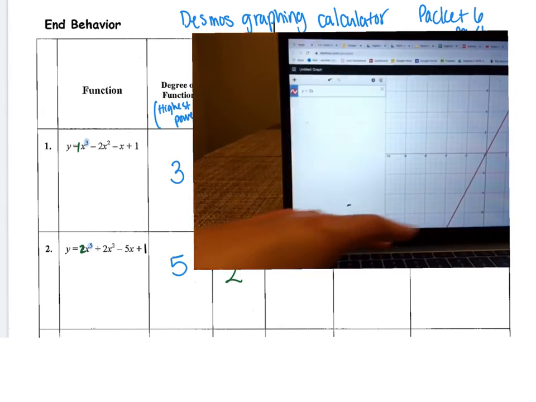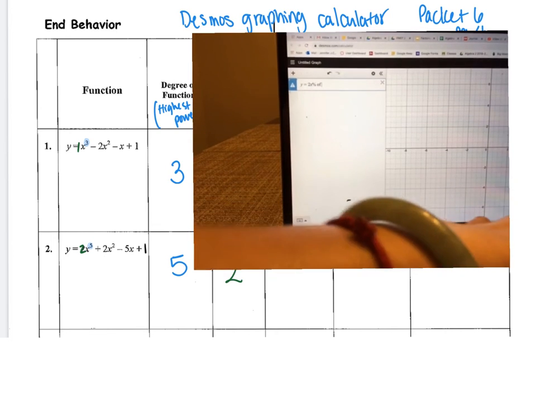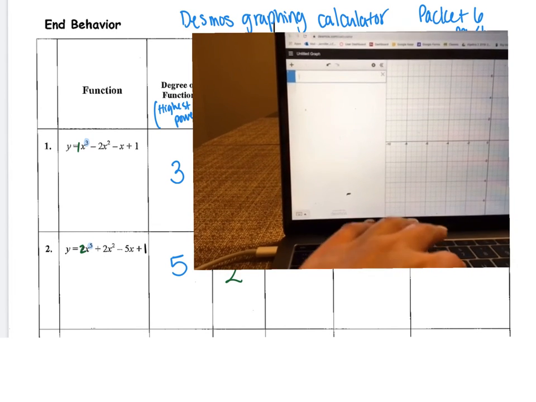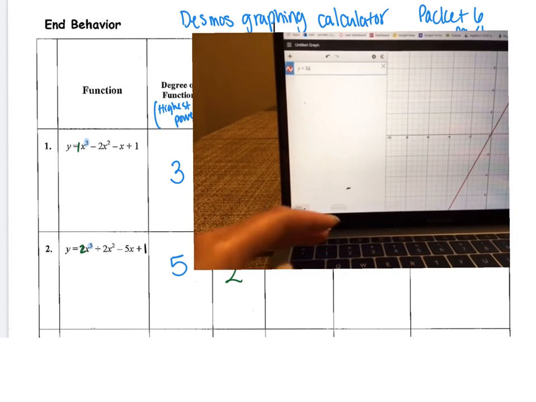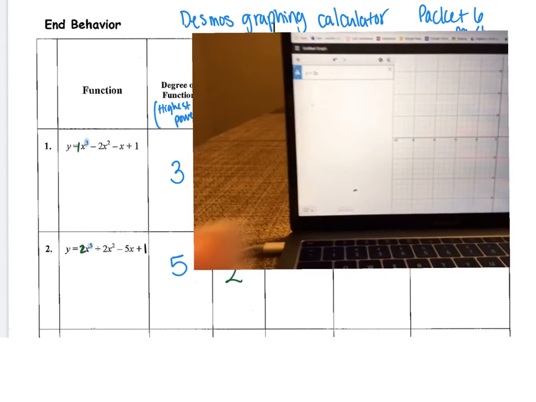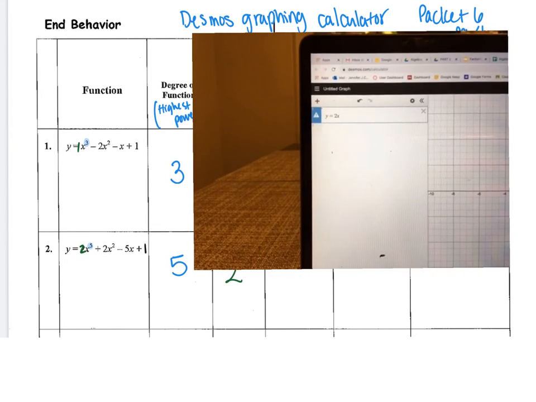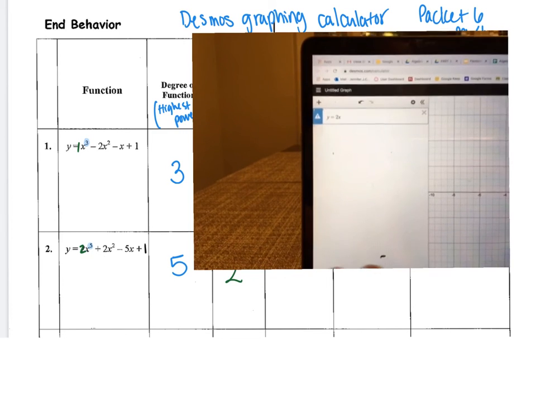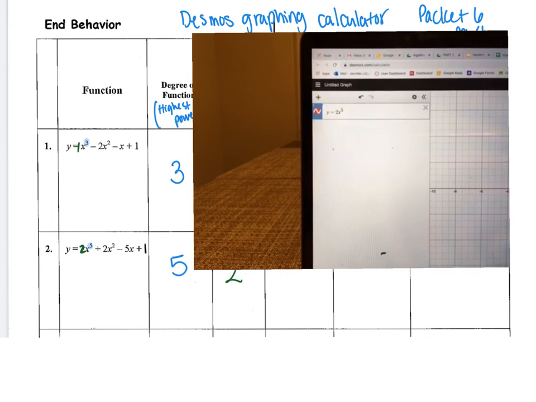Give me 1 sec. Let me do that over again. 2x. There we go. Notice how it's made into an exponent symbol, and I'm going to put the 5 down, and there we have our exponent.